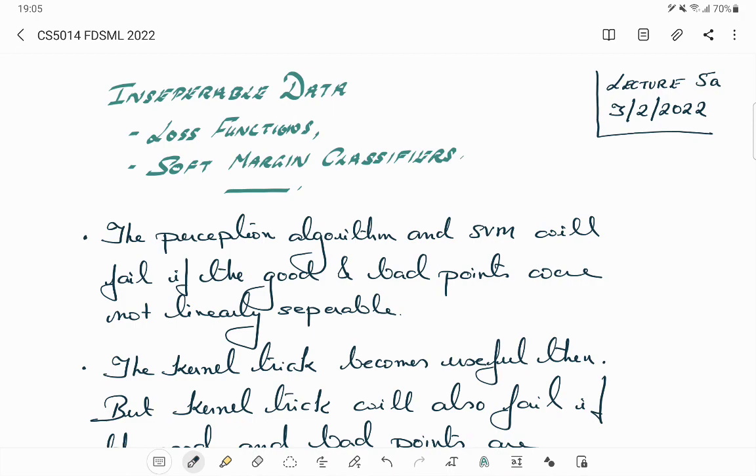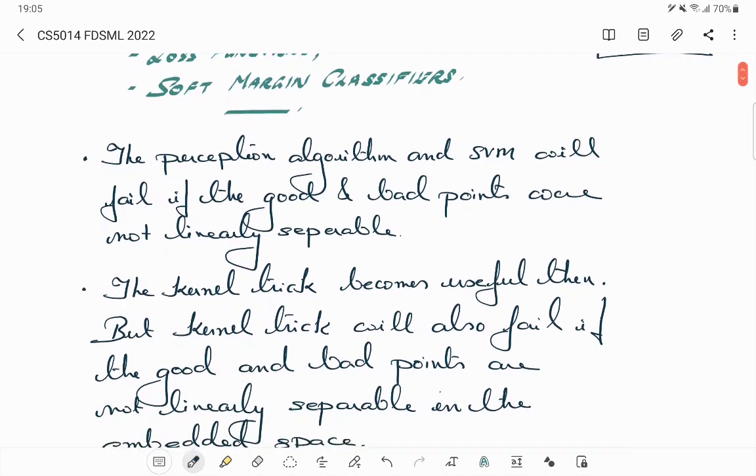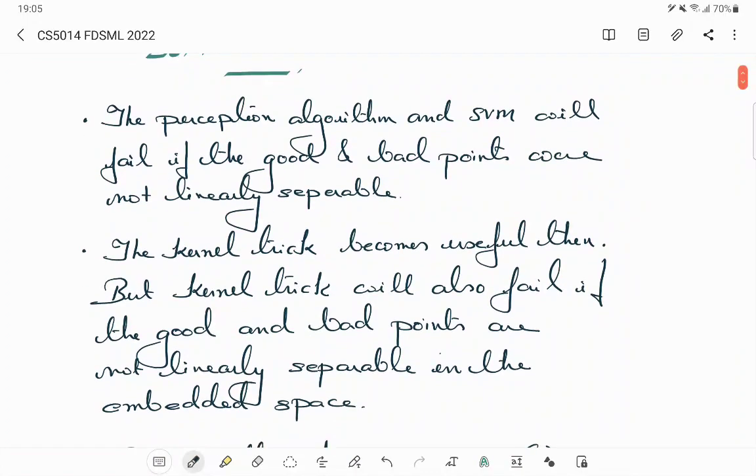It may be a higher degree polynomial, or a circle, for example, or an exponential curve or whatever. In those cases, this kernel trick is, as I told you, mathematically a beautiful trick. But even for the kernel trick, in the space in which you are embedding, you are still asking for linear separability. In the codomain of phi, we still need linear separability. Otherwise, even the kernel trick will not work.